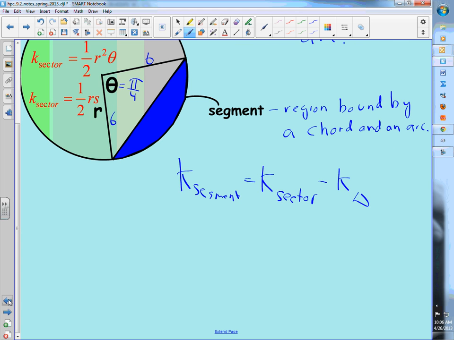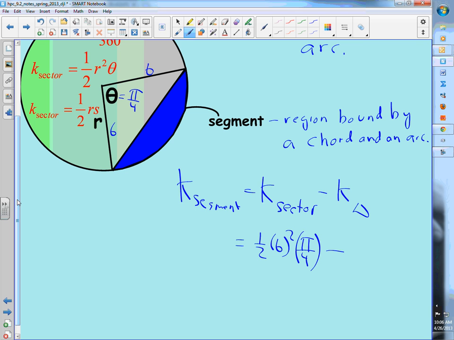So you're going to have 1/2 times 6 squared times pi over 4 minus, how are you going to find the area of the triangle? One half times 6 times 6 times the sine of pi over 4.